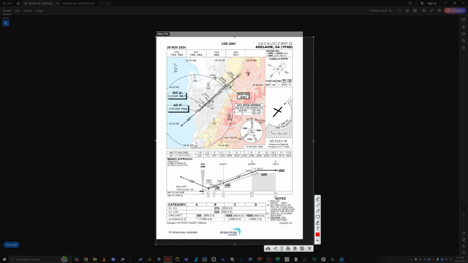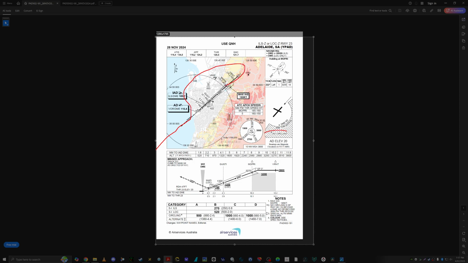And the other one is obviously your circling, which basically means you're lining up for one runway, but you circle around the airfield and you land at the other end of the runway. In other words, you do something like this. You're coming in for this runway, and you're circling around and you're doing that.